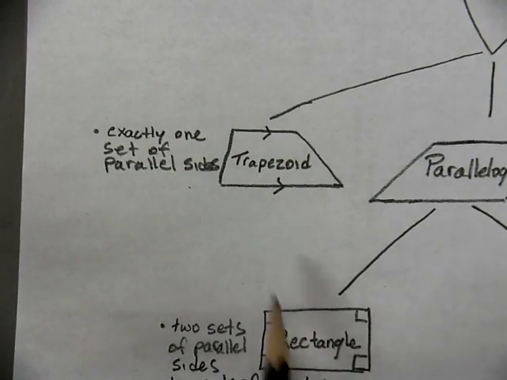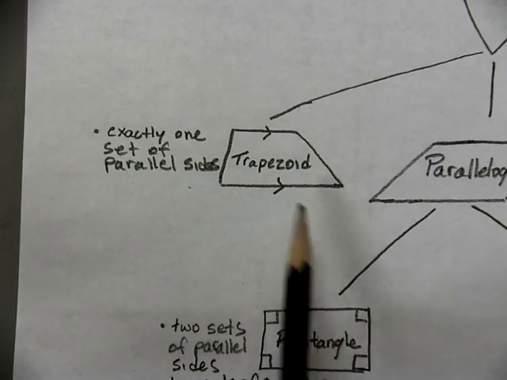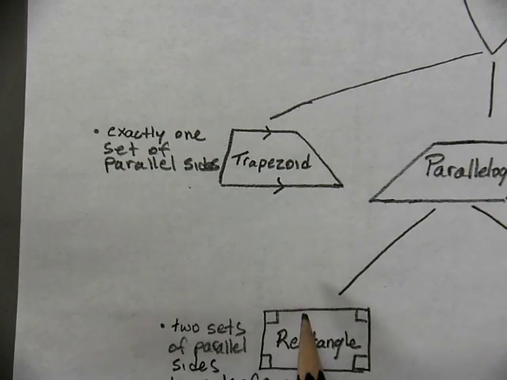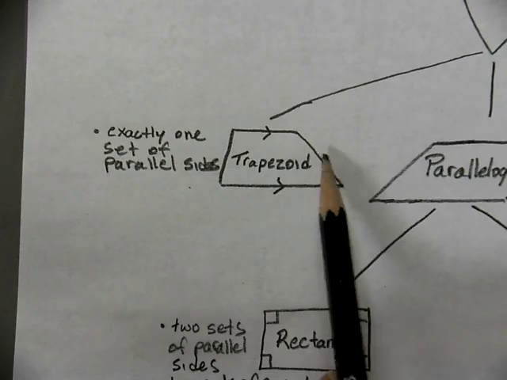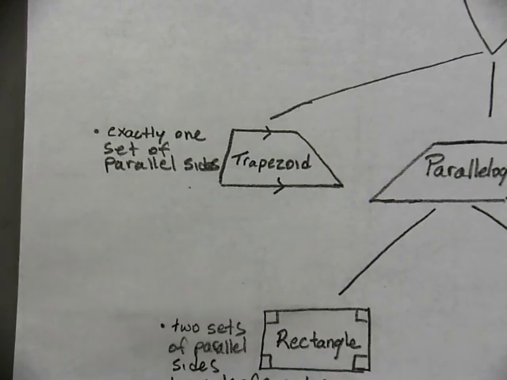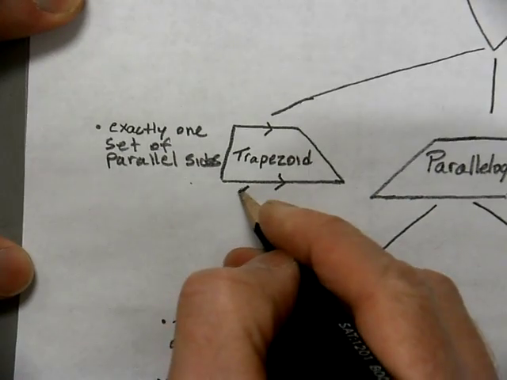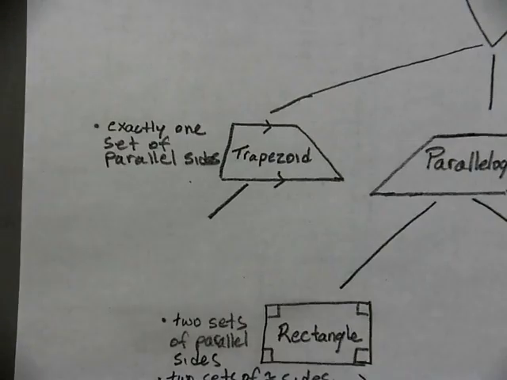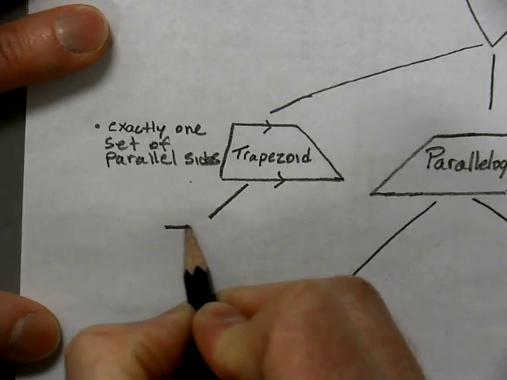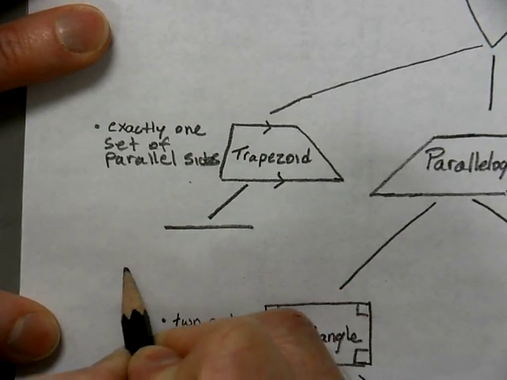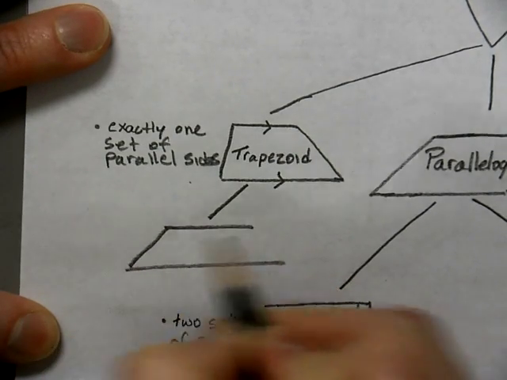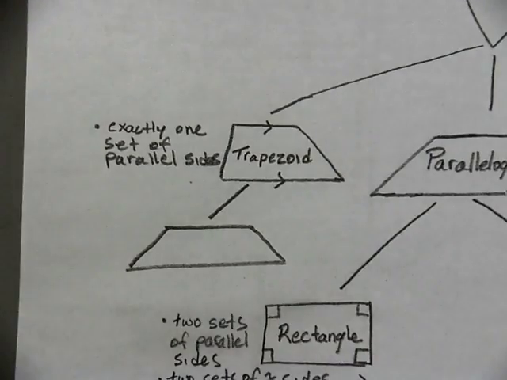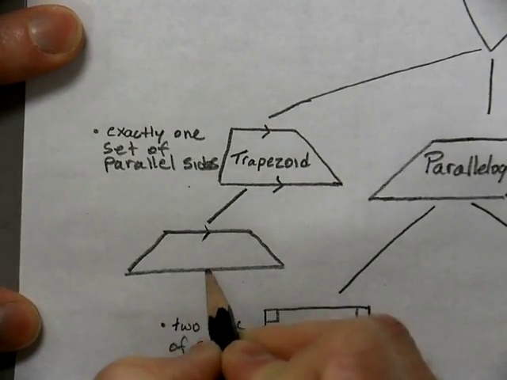Now, can a trapezoid be a rectangle? No, so we're not going to draw a connecting line to that. A trapezoid cannot be a parallelogram, so we're not going to draw a bar to that. But a trapezoid could be an isosceles trapezoid.